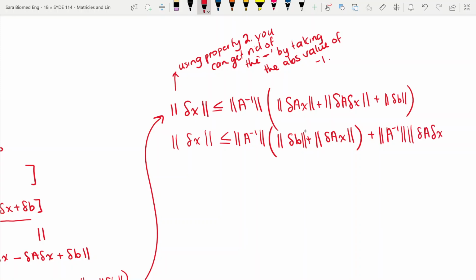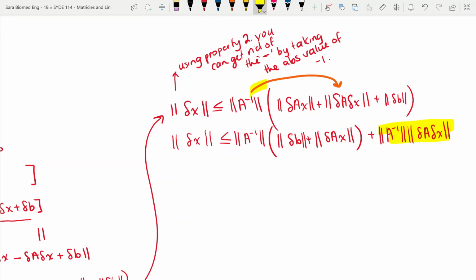Okay, now what? Now if we look at this, this whole term has no delta x in it, right? So what we're going to do is move this term to the left-hand side of the equation and extract the term with delta x.